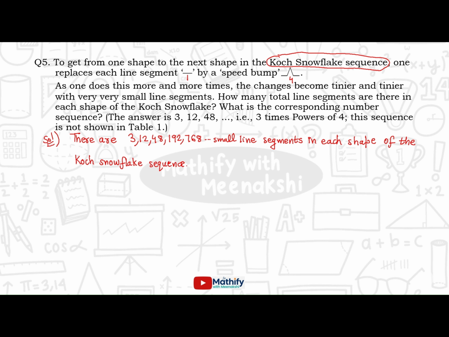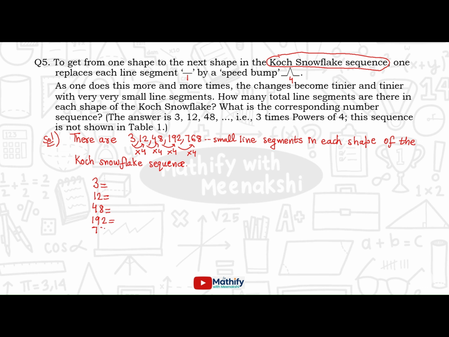Here you can write one more thing. As I told you, we are replacing the line segment by a speed bump, so that means multiplying by 4. That is the pattern of how we get the next number. So how can we write 3, 12, 48, 192, as they have given you a hint also.